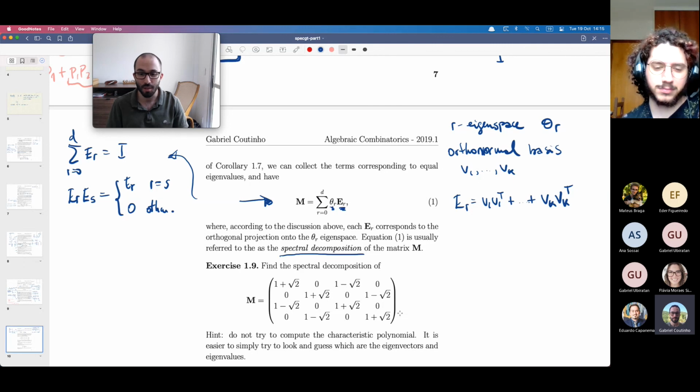In this particular case, it's much easier to guess which are the eigenvectors of this matrix and find the eigenvalues, and then express this matrix as a sum of eigenvalues times projections, so that the projections satisfy this thing. Okay, try that.